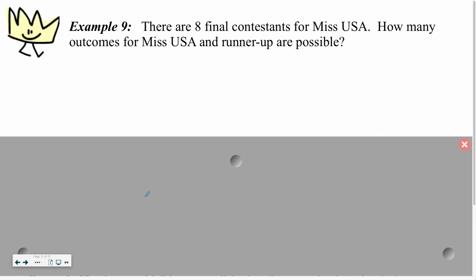I want you to think about example 9. There are 8 final contestants for Miss USA. How many ways, or how many outcomes, are there for Miss USA and the runner-up?